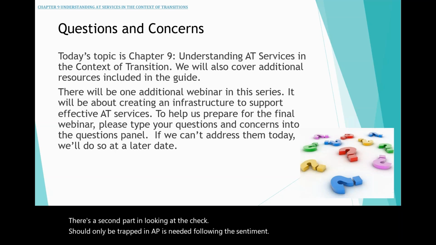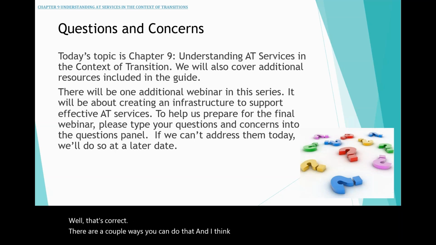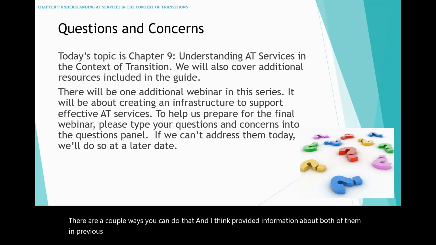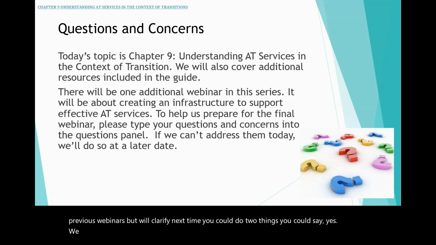Well, that's correct. There are a couple ways you can do that, and I think we've provided information about both of them in previous webinars, but we'll clarify next time. You could do two things. You could say, yes, we believe assistive technology is needed, but we don't have the specific assistive technology identified yet.